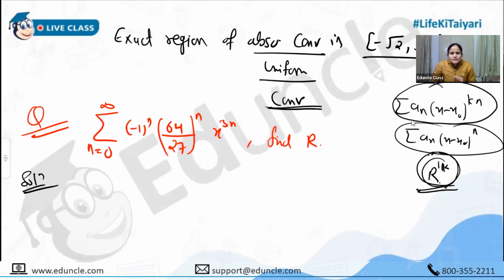Getting my point? So this result will work whenever we are finding our radius by using the ratio formula in such kind of power series. But if you are applying the root formula, then no need to take this kth root again. Clear to everyone, I hope.